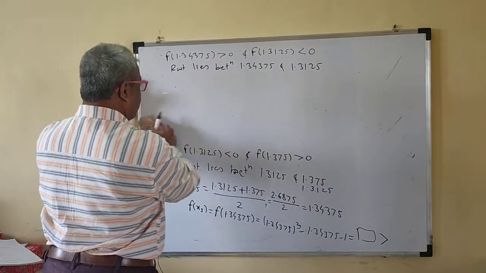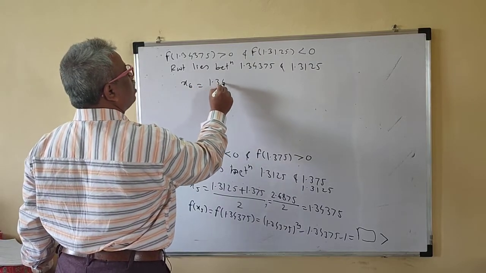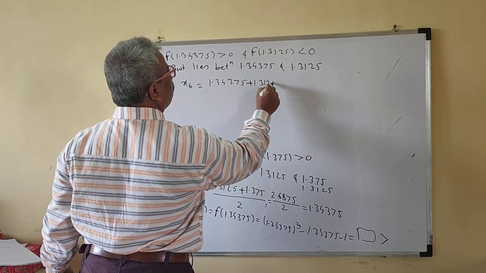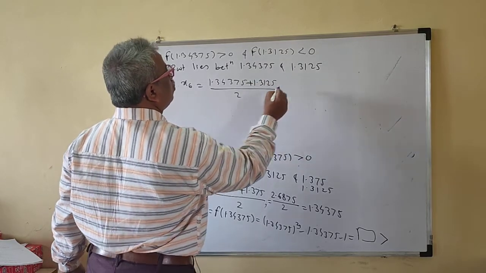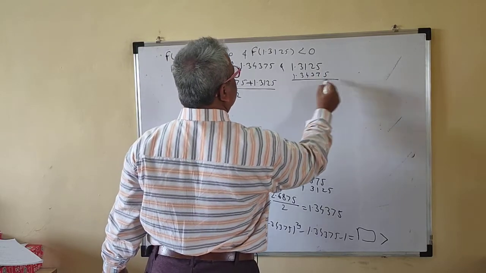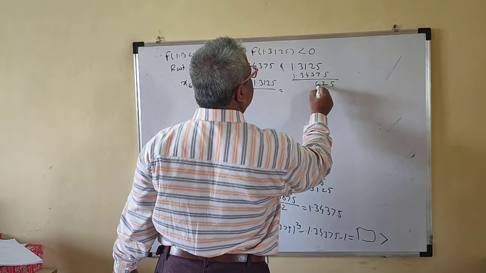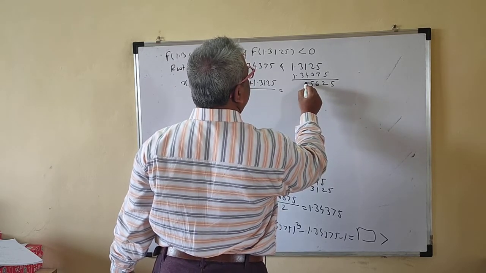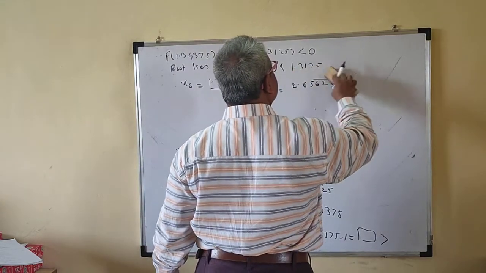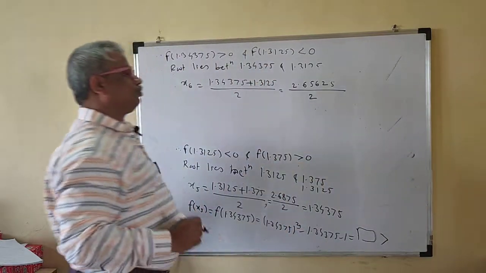Now we get x5. We'll take x6 now. x6 is equal to 1.34375 plus 1.3125 upon 2. So this is 2.65625 upon 2.